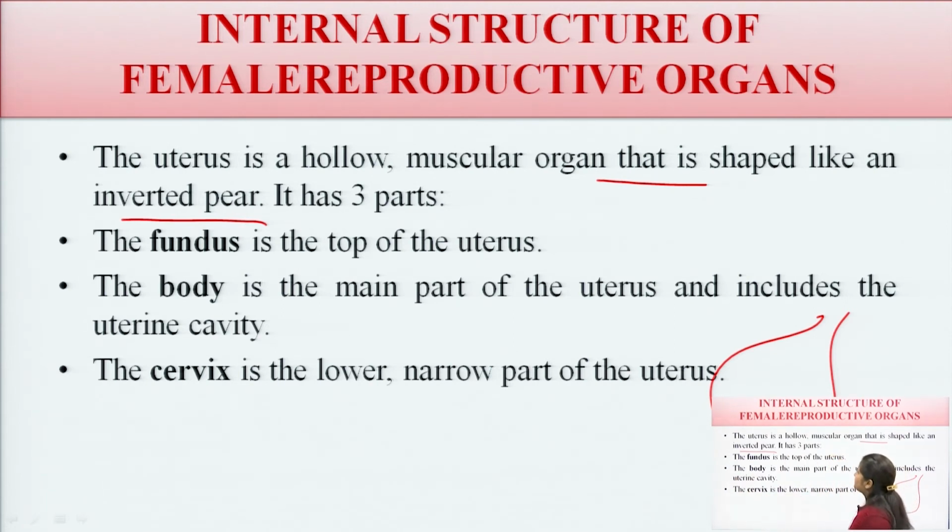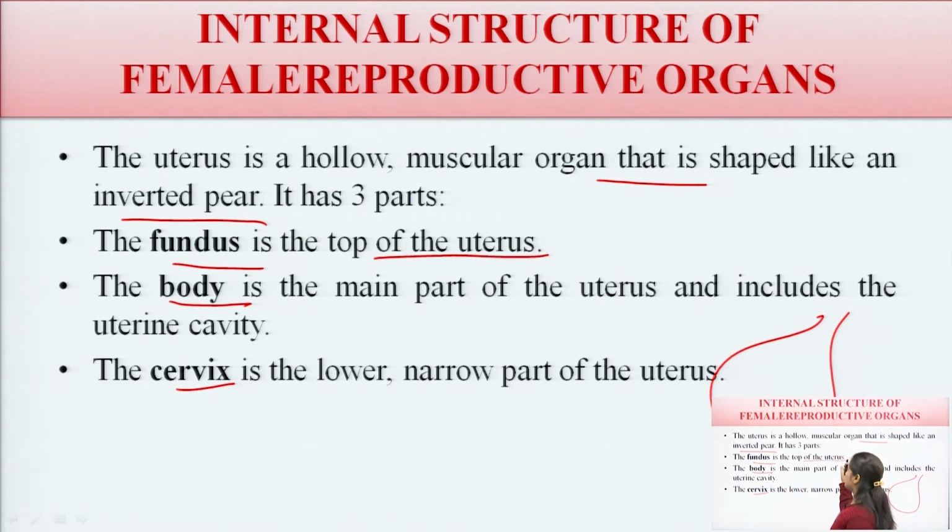It has three parts. The uterus is divided into three sub-parts: the fundus, body and cervix.